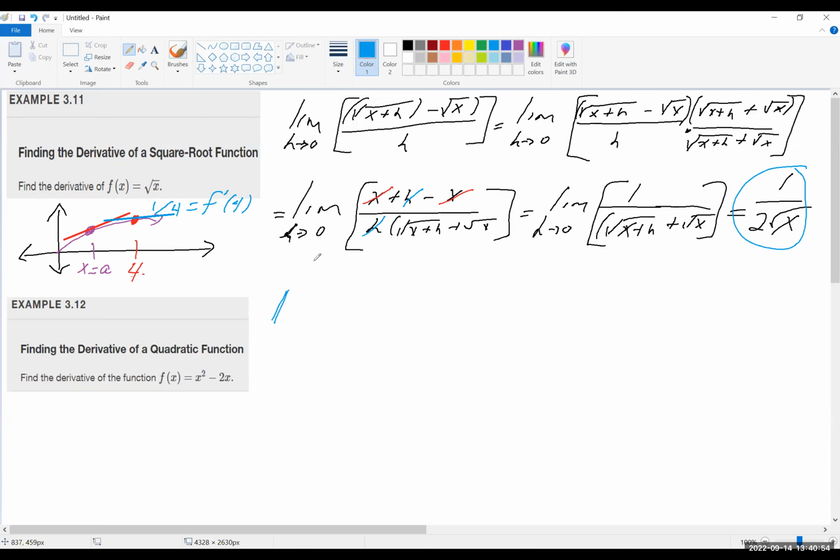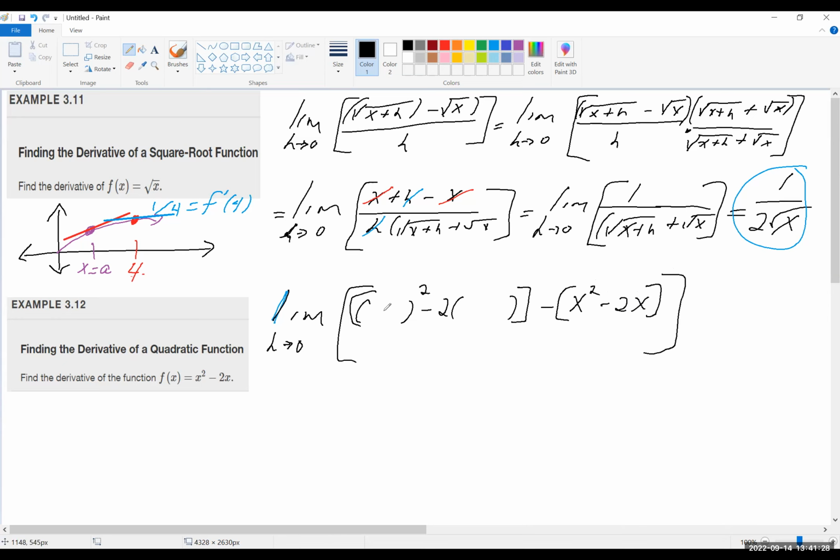The limit as h goes to 0 of f of a plus h, so put that in brackets, minus f of x, which is just x squared minus 2x.